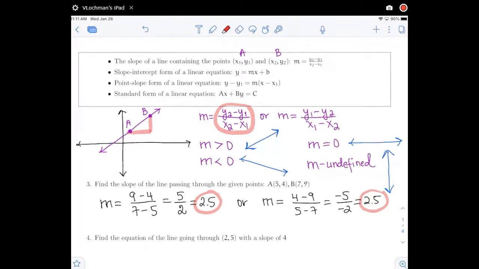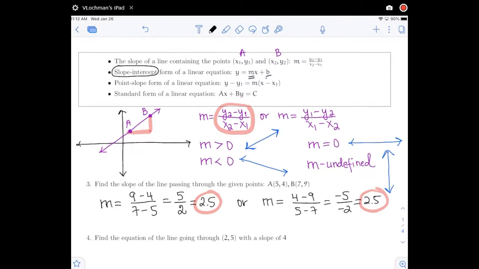Now that we know how to compute the slope, there are 3 different forms that we can use to come up with an equation of a line. First, we have slope-intercept form. It tells us 2 characteristics of our line: the slope, m, and b, which stands for the y-intercept.